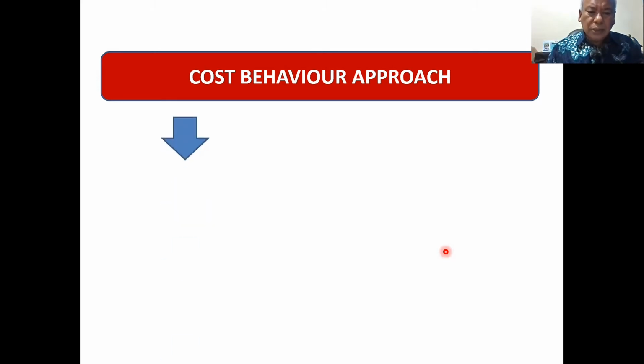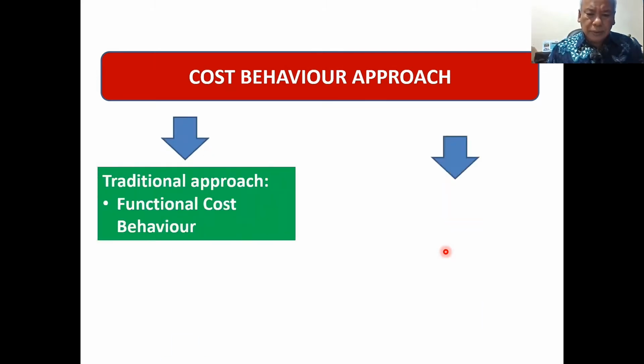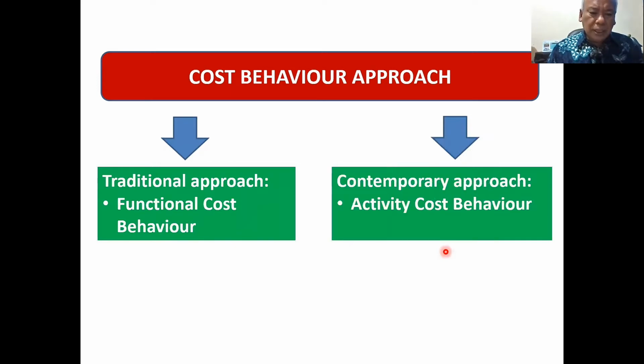Actually, there are two approaches. The first is the traditional approach, which we call functional cost behavior, and the second one is the contemporary approach, which we call activity cost behavior.